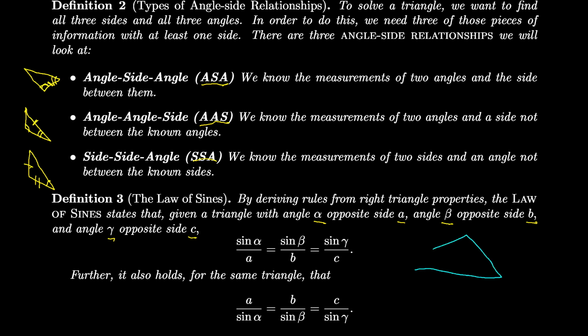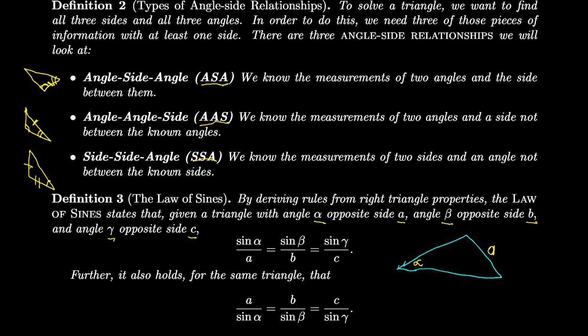It doesn't have to look exactly like this. Let me show you how to label this. Angle alpha, opposite side A, means angle alpha goes here, and lowercase a represents this side here. That's what opposite means.